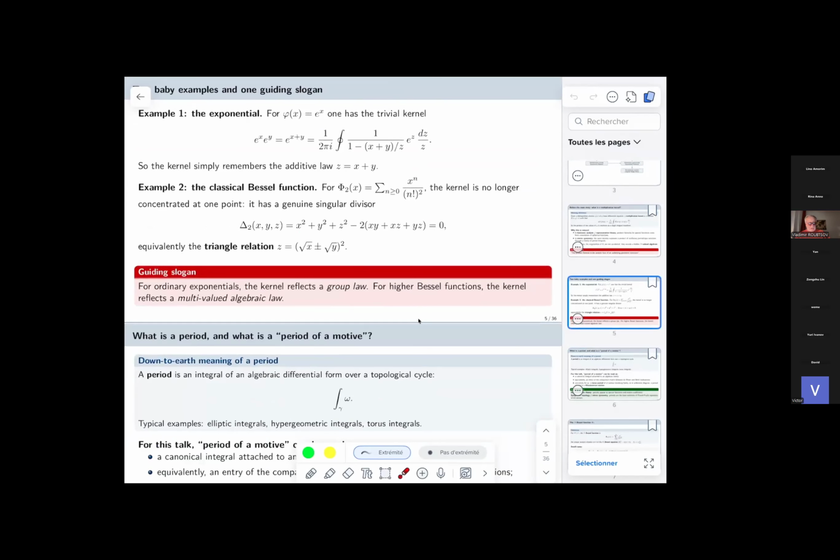So the main slogan which you should have in mind after this toy example: for the usual exponential, the kernel, with my multiplication kernel, reflects just the additive group law. For the Bessel function, it will give you a two-valued group law. And for the higher Bessel function, this two-valued group law will be generalized to a multi-valued group law.